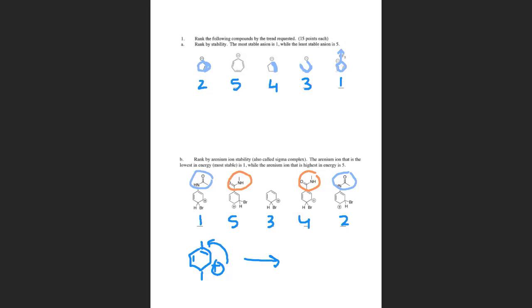So the fact that you have a tertiary allylic in one is what makes it better than two, which is what gives you your para position in the molecule. And the same thing is with 4 and 5, that you get that tertiary allylic position. Does anyone have any questions on B?